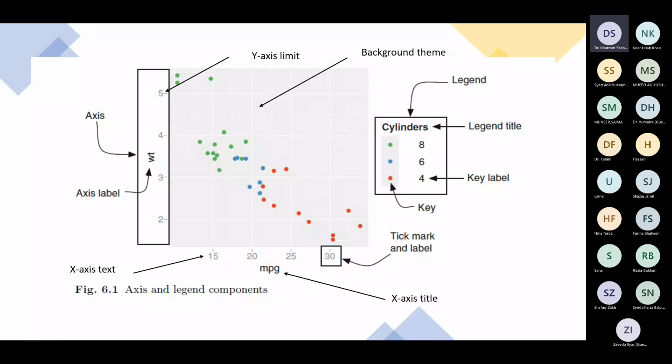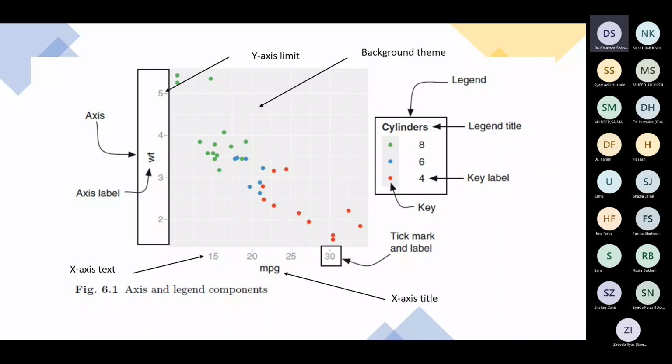You must first understand the y-axis, x-axis, legends, background of the graphics, and then very important is the y-axis limits. If you have to combine 2 or 3 graphics, you are comparing some things, so your y-axis limit must be the same. So you can compare treatment effects if you are combining different graphics.